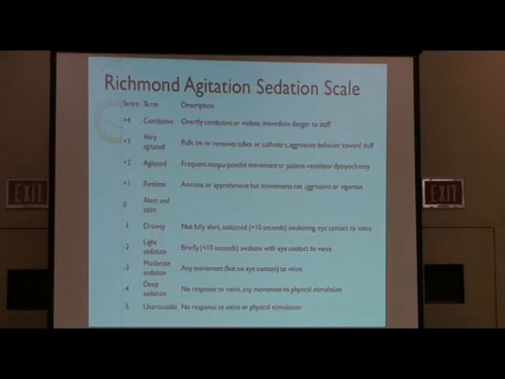Now, the scale that I just showed you requires an interaction with the patient. But what if you have a patient in alcohol withdrawal who's in the ICU? That's not uncommon. Where I work, they're going to be intubated and probably heavily sedated. It's been suggested that tools like the Richmond Agitation Sedation Scale be used to assess patients' risk for alcohol withdrawal.